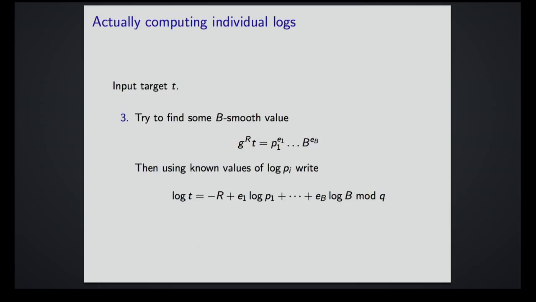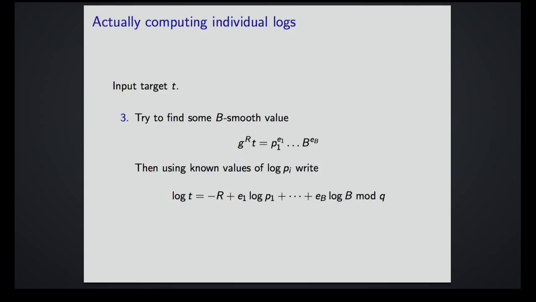But if we're not lucky and t is not b-smooth, then we have to do a little bit more work. The extra work is to try to find some value, g to the r times the target, that happens to be b-smooth. We just try random values until we find one.